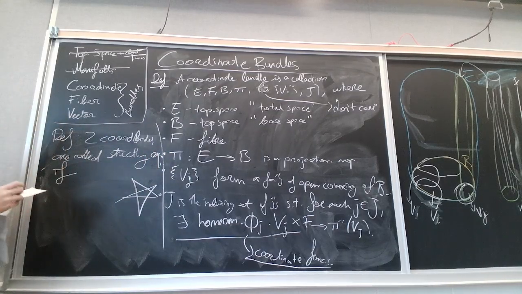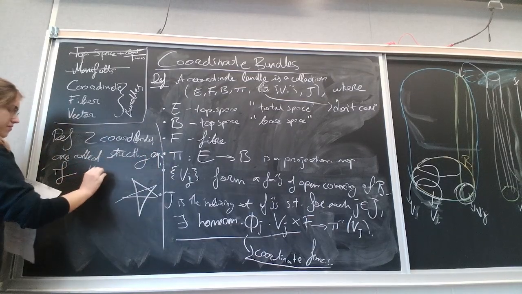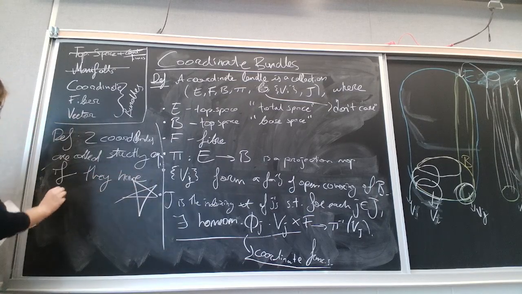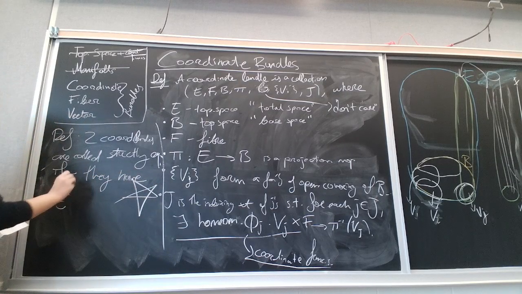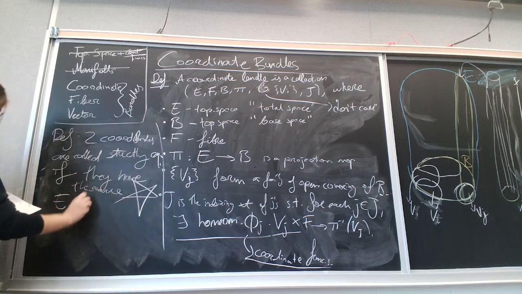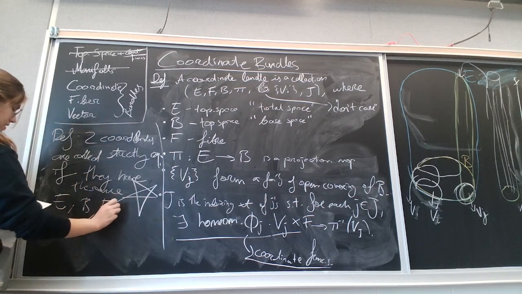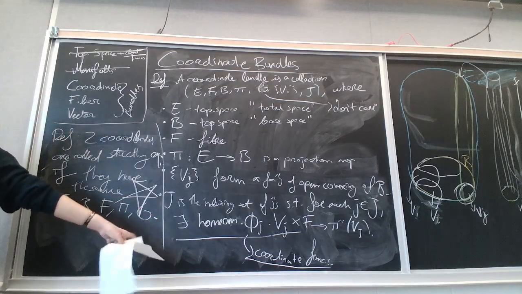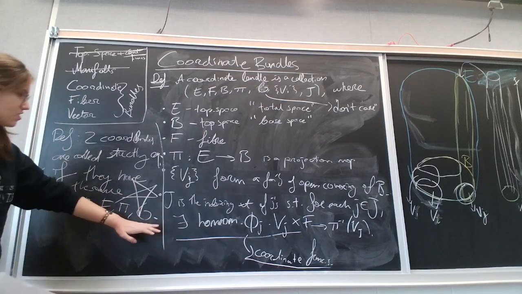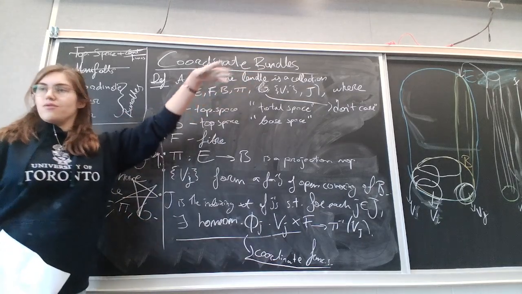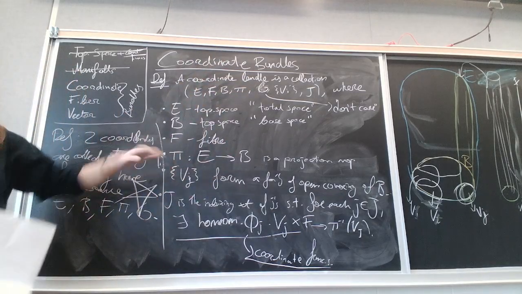they have the same total space, base space, fiber, projection, and G. Well, we don't care about G, but this just ensures that your total space and your fiber work nicely in both scenarios.